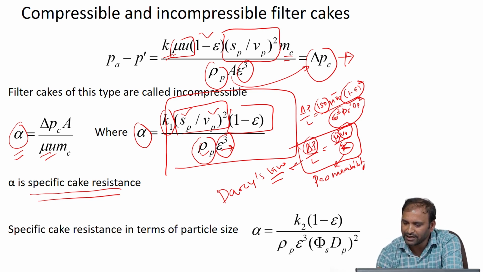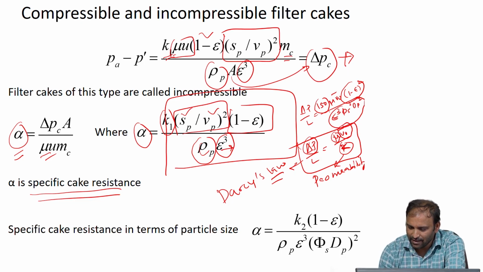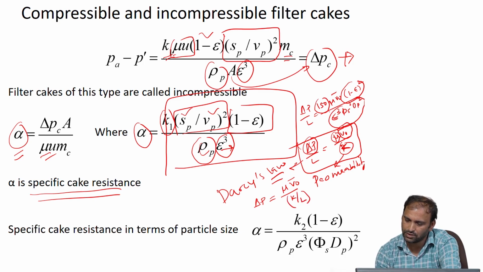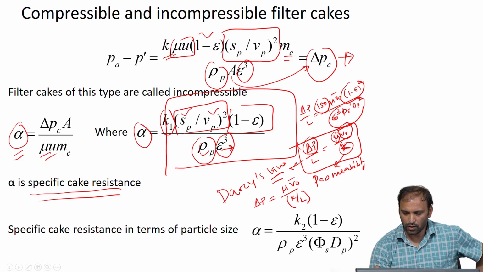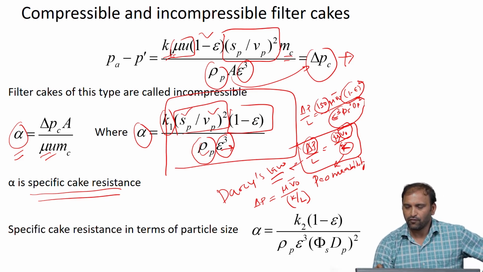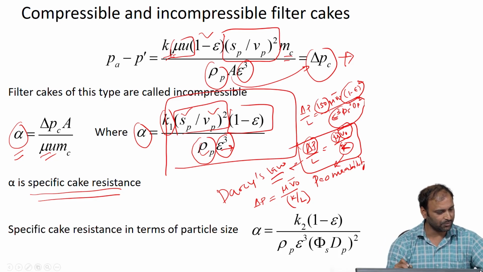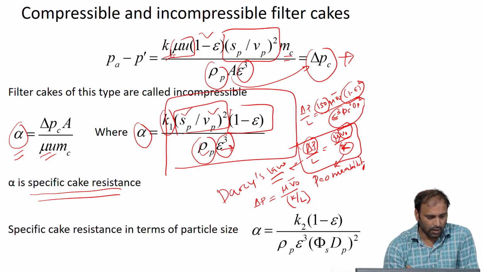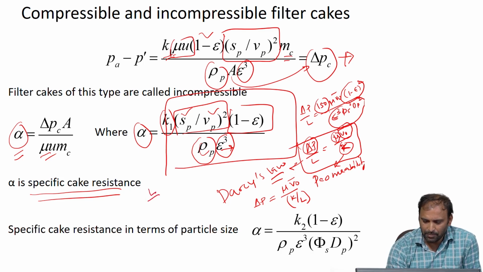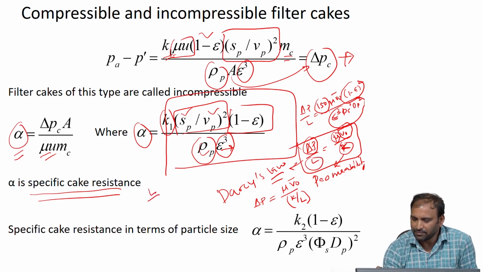Now I can rework this. I can say that your delta P is mu V naught bar divided by K by L. So in flow through packed beds, you define a resistance, which goes something like this: L, the length of the packed bed, divided by this permeability.